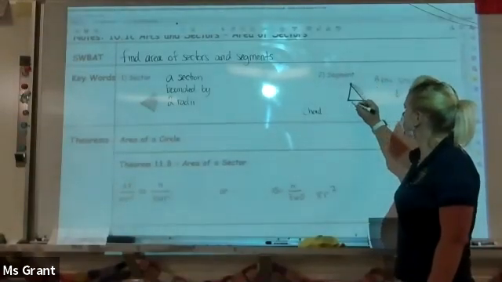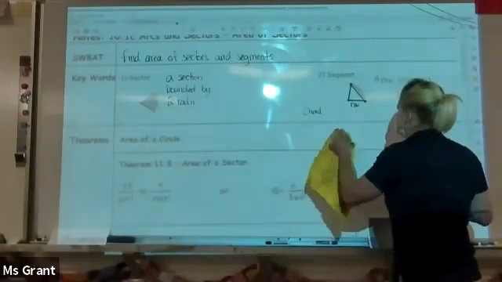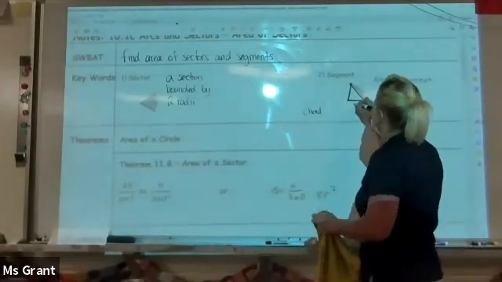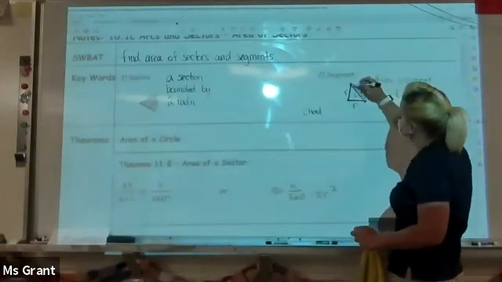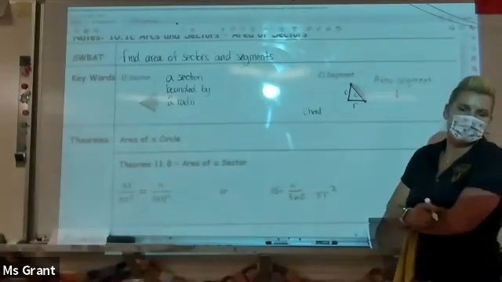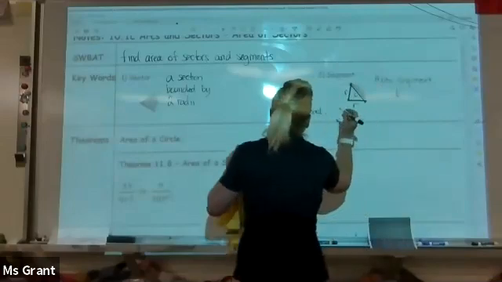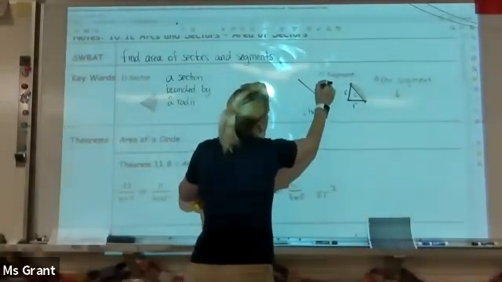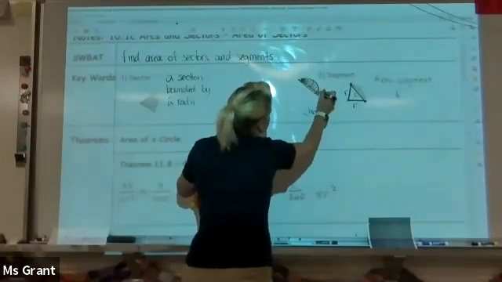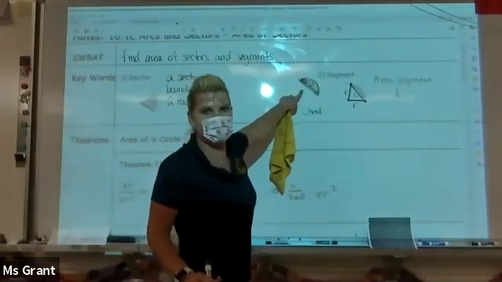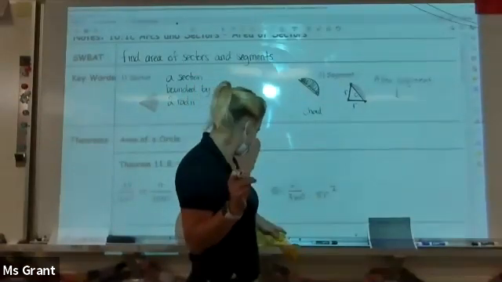I'm just going to put R for radius. I don't need to go full on word. There's my radius and there's my radius. This is called a chord because it is just a little piece. So what I'm really looking for is this moon-shaped section right here. That's an enlarged version. That's what I want the area of, just that little piece right there, okay?